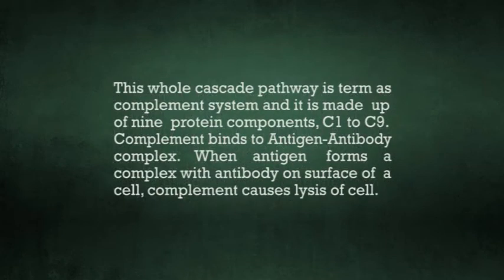This whole cascade pathway is termed the complement system, and it is made up of 9 protein components, C1 to C9. Complement binds to the antigen-antibody complex. When an antigen forms a complex with antibody on the surface of a cell, complement causes lysis of the cell.